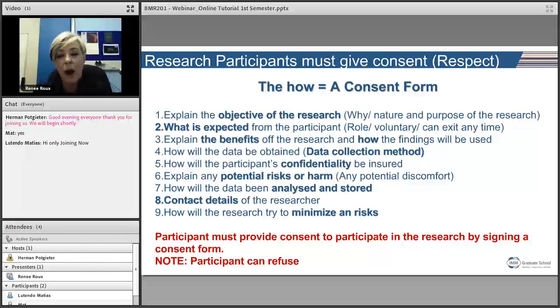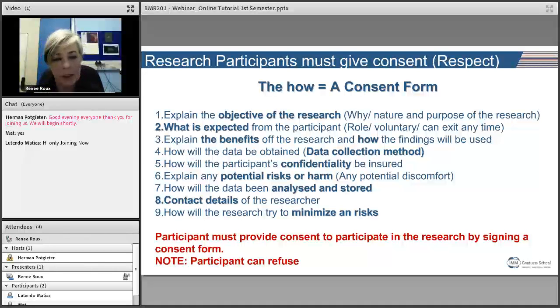Mainly it hinges on the respect principle. The only way that you can control this is by developing a consent form. And in that consent form, you need to explain certain things. You need to explain why the research is taking place.